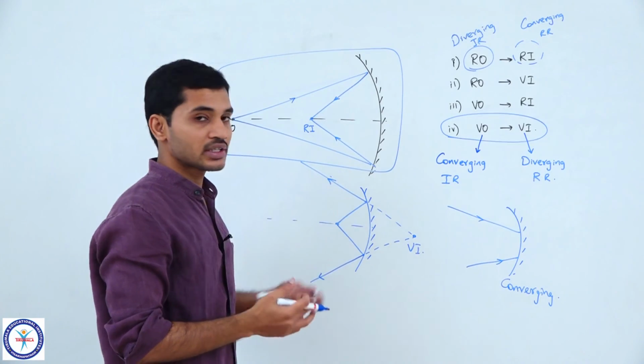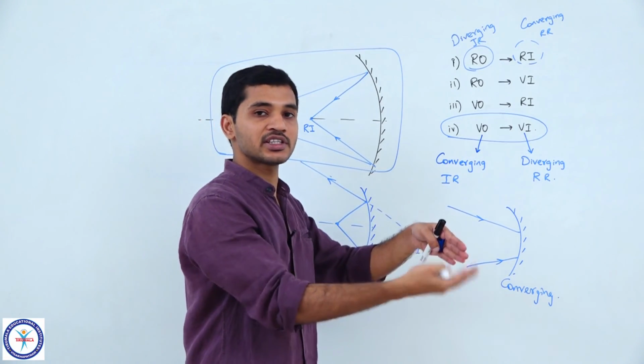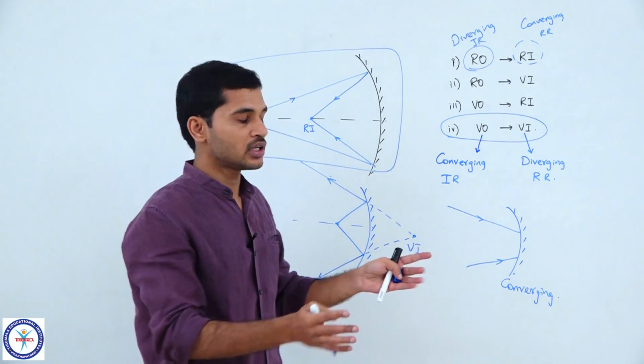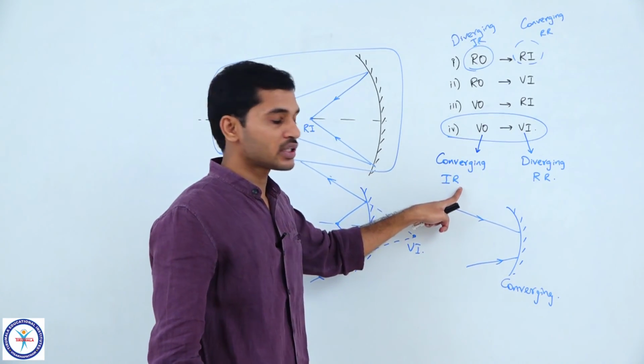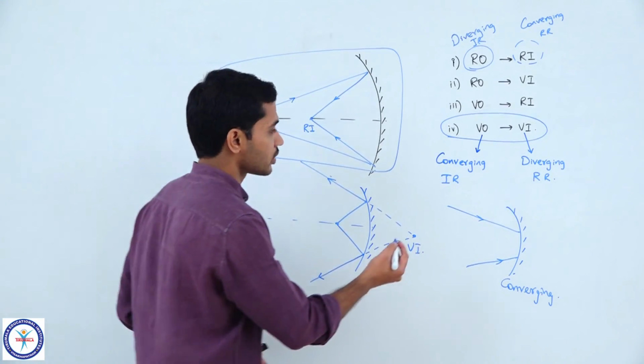So, a concave mirror is a converging mirror. So, when something is already converging, it will further converge. So, it cannot diverge. That is the reason a concave mirror cannot form this particular scenario. So, I'll write it down over here.